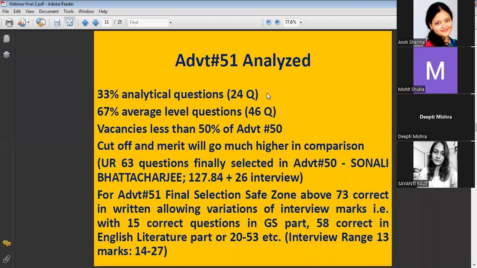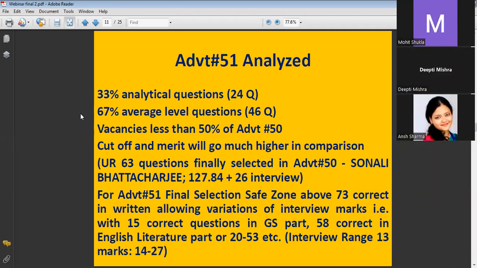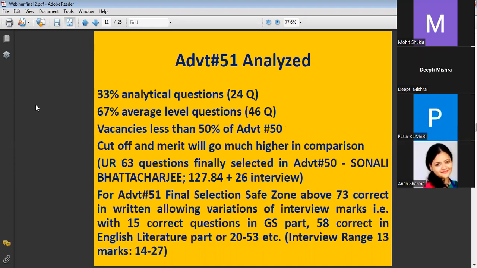It will take time. 67% of those questions will be average level questions, that somebody who has covered the syllabus of MA and covered the syllabus of UPHESC at a normal kind of difficulty level will be able to attend to. Now the vacancies are less than 50% of the previous advertisement. So we totally know, and we are expecting that the cutoff, that is what they call for the interview, and the final merit, that is what they finally select, will go much higher in comparison.